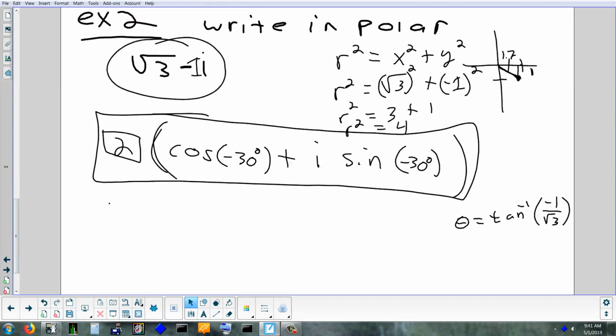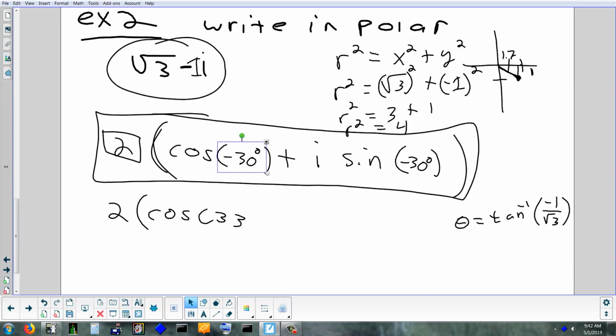Now, what can you always add if you wanted to make a negative angle positive? Yes. If you add 360 to that angle, what do you get? 330.